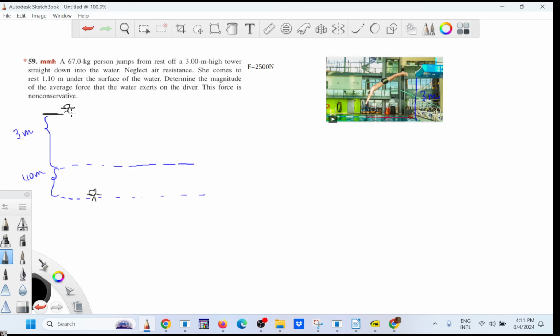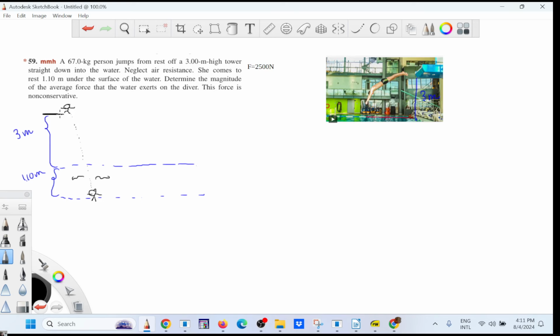So she's going to speed up, there is no friction until she reaches the water, and then she's going to slow down, and all that energy will be lost to heat, right? Because you have frictional force.